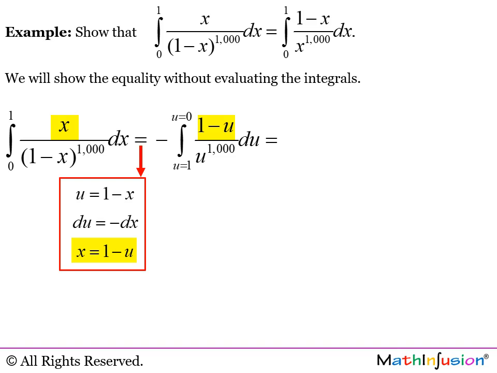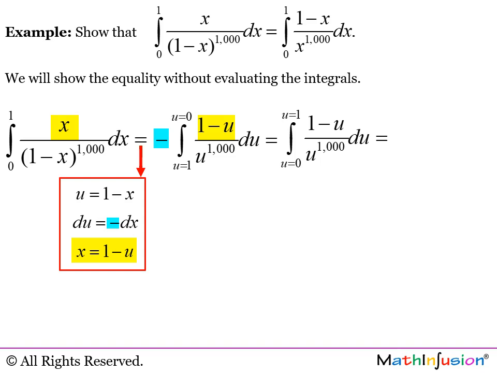If you noticed, I have this minus sign here. If I like to get rid of this, what I have to do is to switch the limits of the integration. So I'm switching the limits of the integration, and I get an integral between 0 and 1 of 1 minus u over u to the power of 1000.